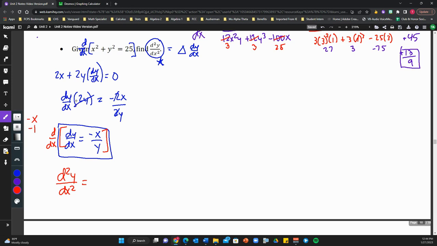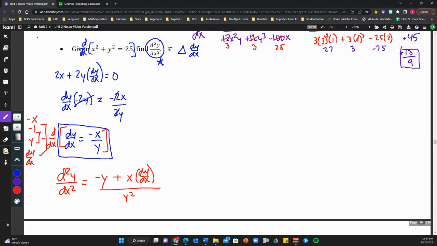Negative x's derivative is -1, y's derivative is dy/dx. So insides minus outsides for the quotient rule. So this will give me -y. Minus is the normal setup, but because this is a negative product, it will become plus x times dy/dx, all over the original denominator squared.